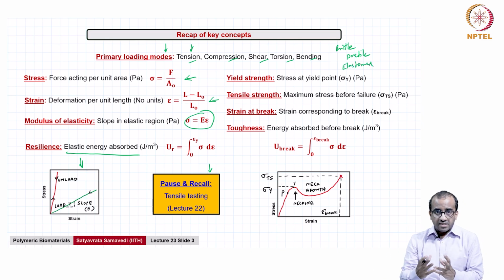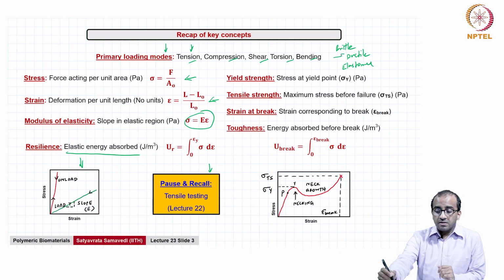And there are characteristic curves that we saw for stress versus strain for each of these. For example, brittle materials will catastrophically fail for very low deformations itself. They will show high modulus, but they will also fail very rapidly. And they will also not deform before failure, right? They will not show any significant deformation before failure. In contrast, we saw that ductile materials can deform significantly, yield and show permanent plastic deformation before they fail.